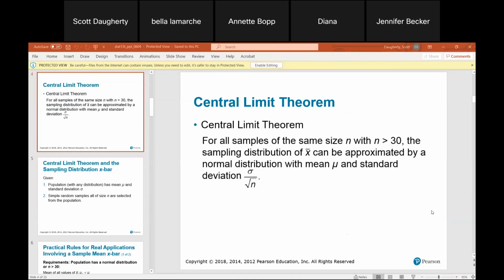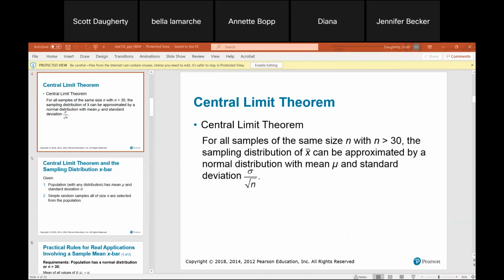It says for all samples of the same size n, where n is above 30, the sampling distribution of x bar, so they use this fancy word sampling distribution. Just think of that as the distribution that you get for x bar after you've sampled 31 at a time. The distribution of x bar can be approximated by a normal distribution.